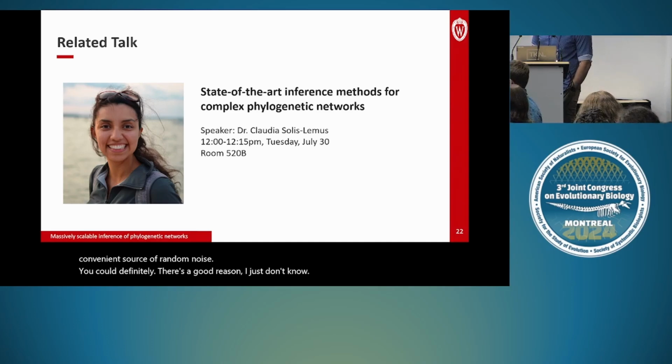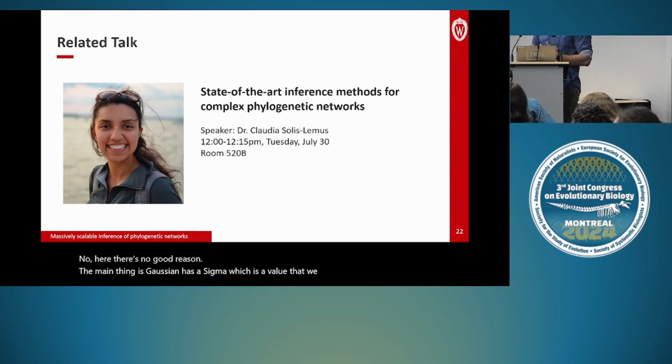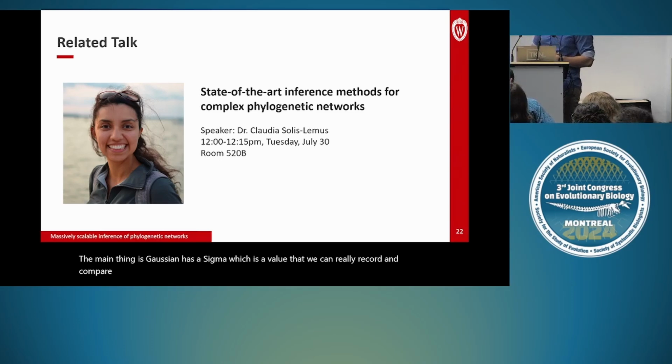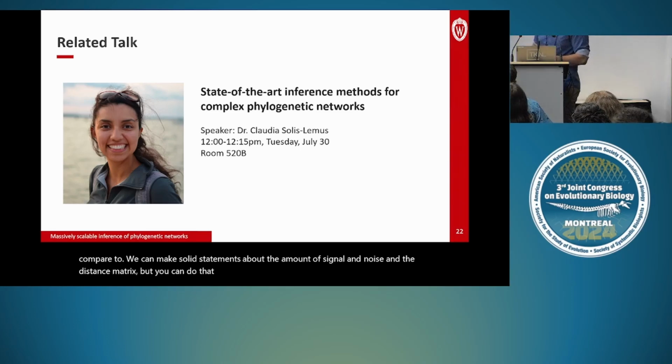No, here there's no good reason. Yeah, the main thing is Gaussian has a sigma, which is a value that we can really record and compare to. We can make solid statements about the amount of signal and noise in the distance matrix, but you can do that with any random noise. It's just convenient, is the short answer.